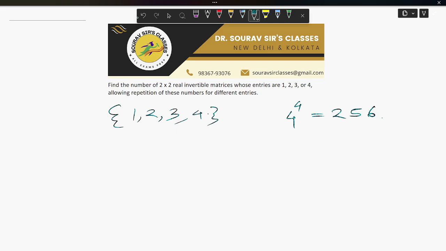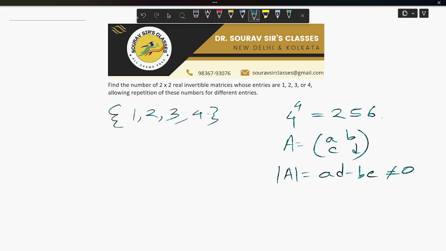A 2 cross 2 matrix A, let us take it as A, B, C, D, where A, B, C, D are real entries, is invertible if and only if its determinant is non-zero. That means the determinant of A, which is AD minus BC, will never be equal to 0.